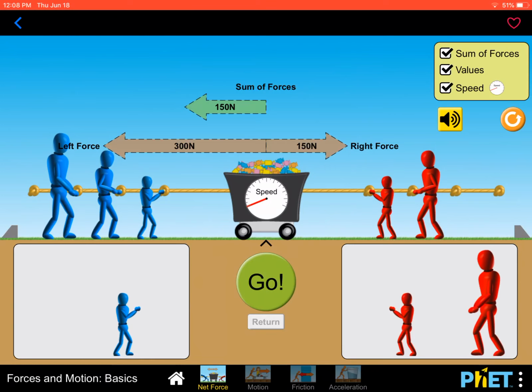Let's add one more. Here we have now towards the left 300 newtons, towards the right 150 newtons. Look at the sum of the forces. That means the resultant force of these two opposing forces is a force in the direction towards the left, right?